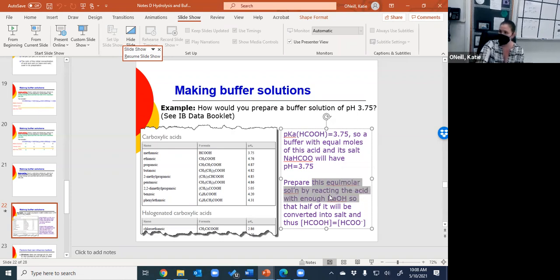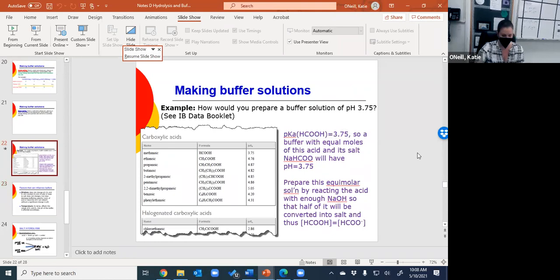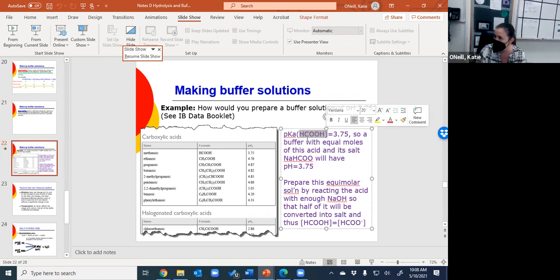So how do we get that to be the case? First you find the closest pKa to the pH, and then we want to react the acetic, or it's not acetic acid in this case. What is this? Methanoic acid.